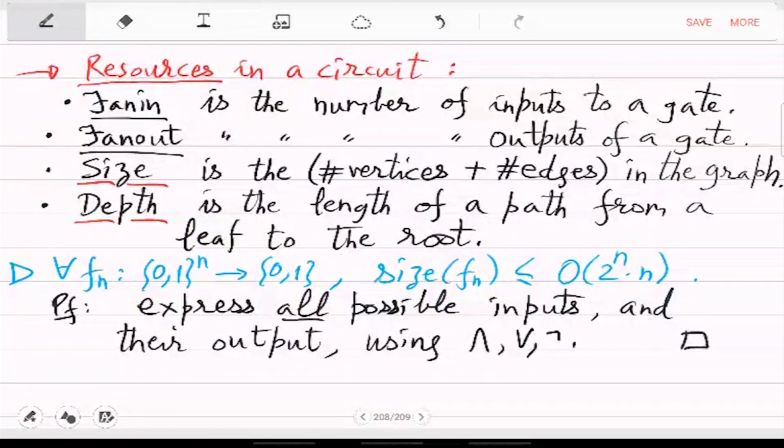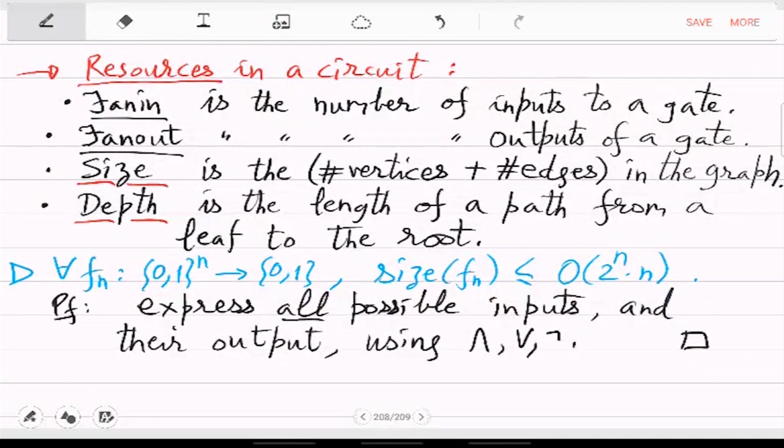And you can see that this is just 2 raised to n times a constant multiple. Okay, it is not even the square of this. It's very close to 2 raised to n. It's much below 2 raised to 2n. And so that is easy.